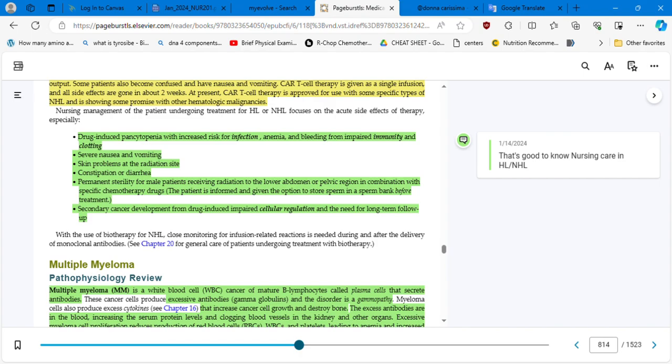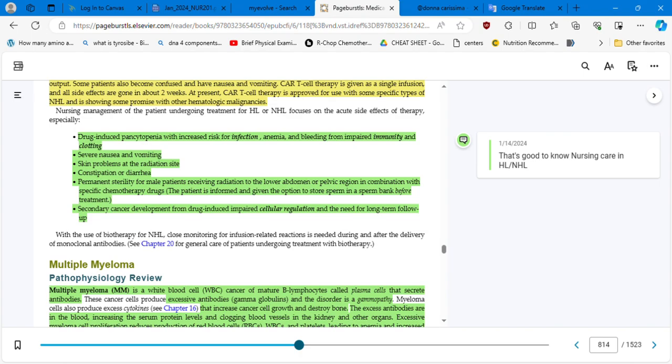Pancytopenia, again, is the reduction of the RBCs, WBCs, and platelets. You need to prevent and help the patient with nausea and vomiting, skin problems at the radiation site, constipation, and diarrhea. You need to talk about the possibility of permanent sterility, secondary cancer development from drug-induced impaired cellular regulation, and the need for long-term follow-up.